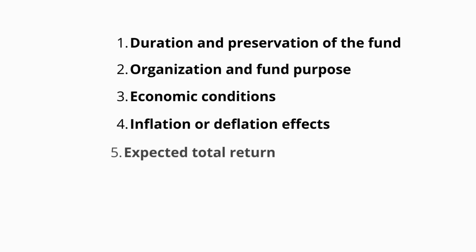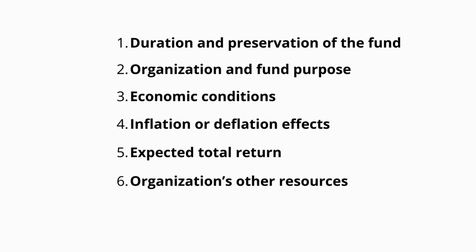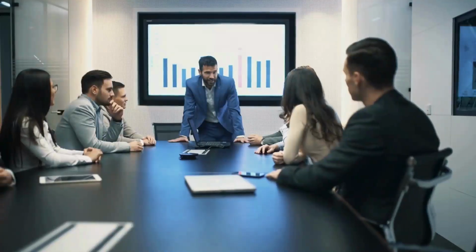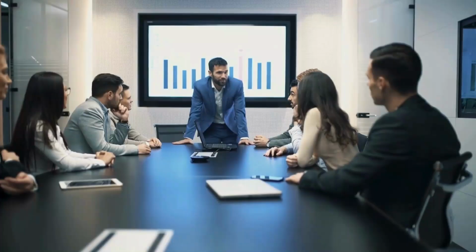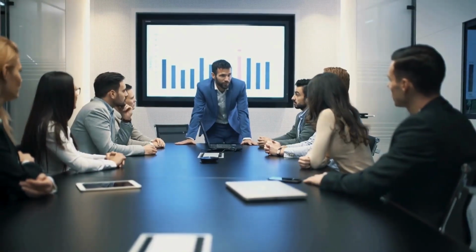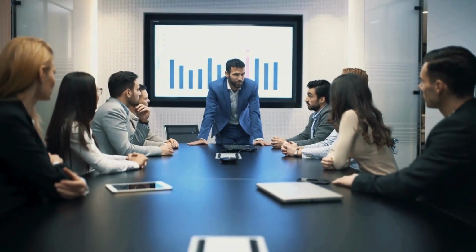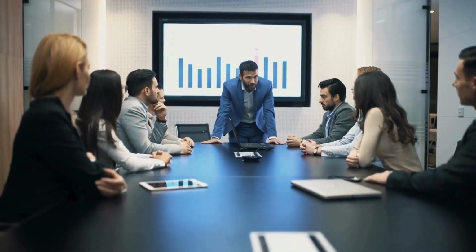Number 5, expected total return. Number 6, organization's other resources. And number 7, investment policy. UPMIFA offers flexibility, but also places the onus on organizations to proactively manage endowments, document decisions, and ensure alignment with donor intent.